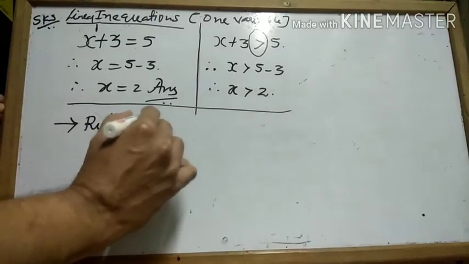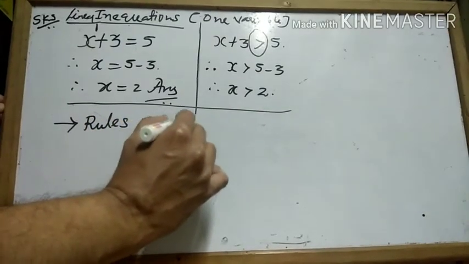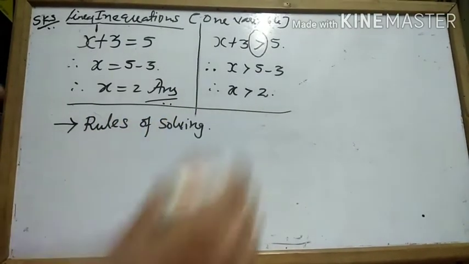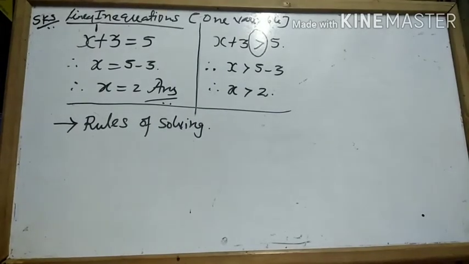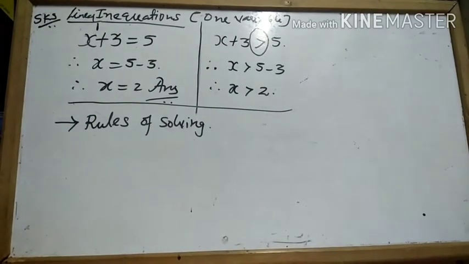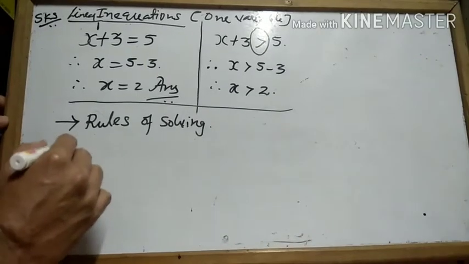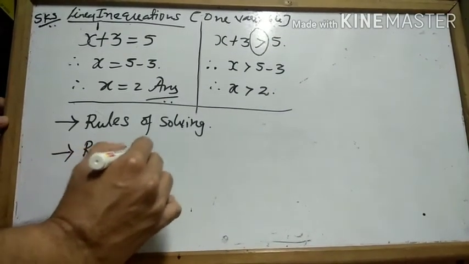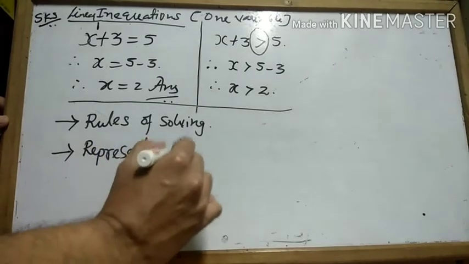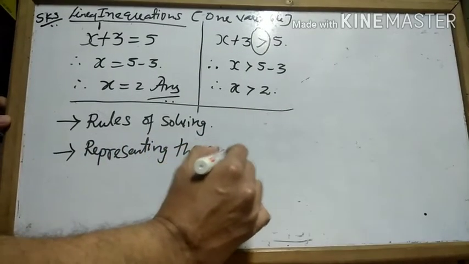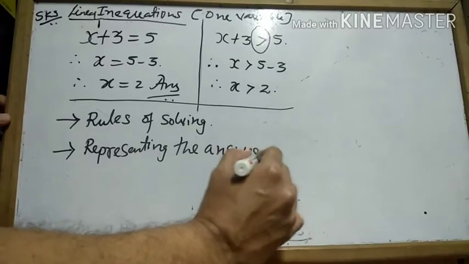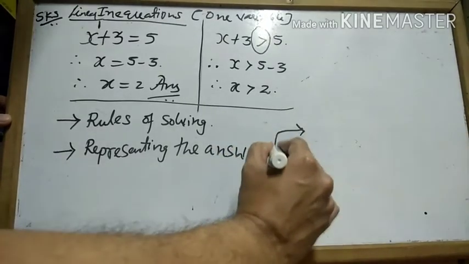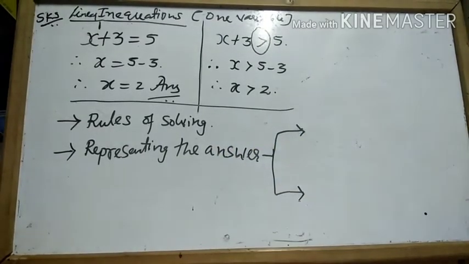of solving the inequations. We are supposed to see representing the answer, and when I say representing the answer, it has to be understood very well because it is divided into two ways.